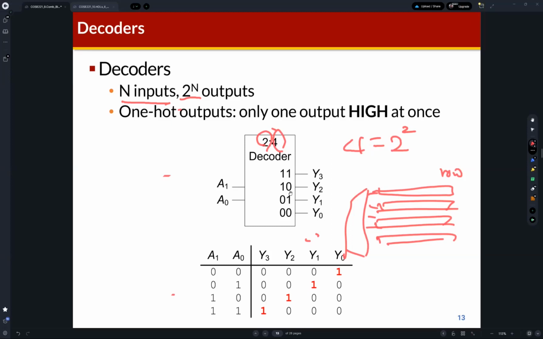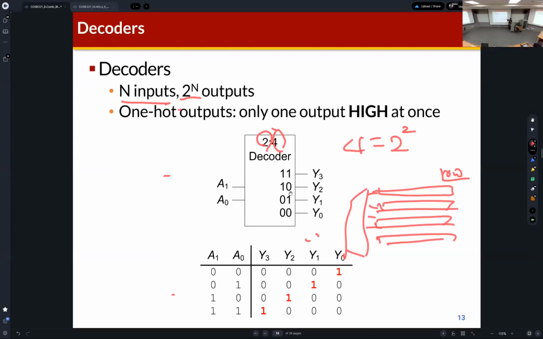This is actually the structure of the memory. Memory is composed of many rows, and we need to activate only one of these rows. For this purpose, we can use a decoder.